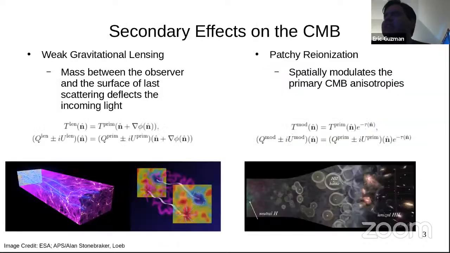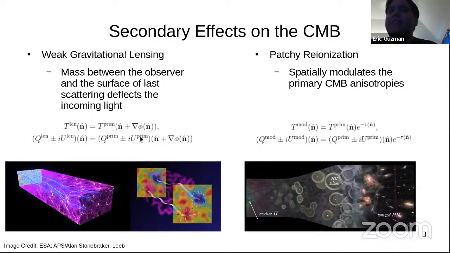As mentioned, I'll talk about two sources of secondary anisotropies, gravitational lensing and patchy reionization. Just a quick review of gravitational lensing: mass between the observer and the surface of last scattering deflects incoming light, as shown in this bottom left figure, where the CMB photons travel through the medium and their trajectories are deflected.